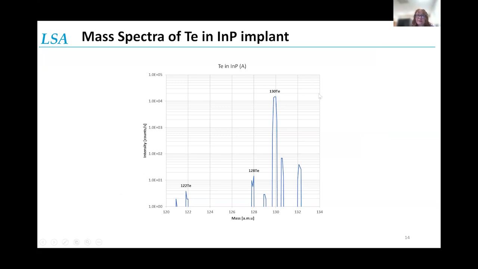When you get an ion implanted, you pick a specific mass, so all of the dose should be at 130 tellurium. And we can see in this mass spectra, we've got 1E4 counts of 130, and then only about 10 counts of 128 and even less of 122. So this has been a really nice implant. It's clear that we've only got the 130 tellurium.